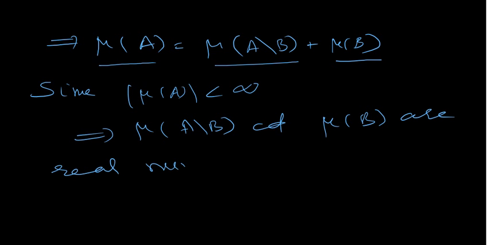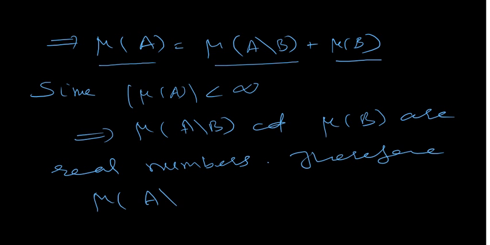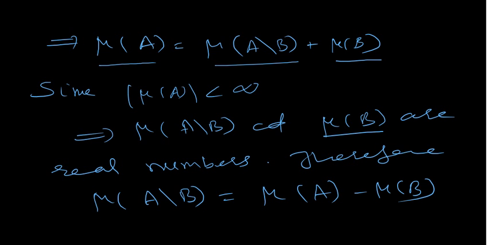So therefore we can transfer this side: mu of A minus B is equal to mu of A minus mu of B. Both are numbers, so that means mu of B is also finite. It is a finite number, so they are real numbers. So from this lemma we can conclude this remark.